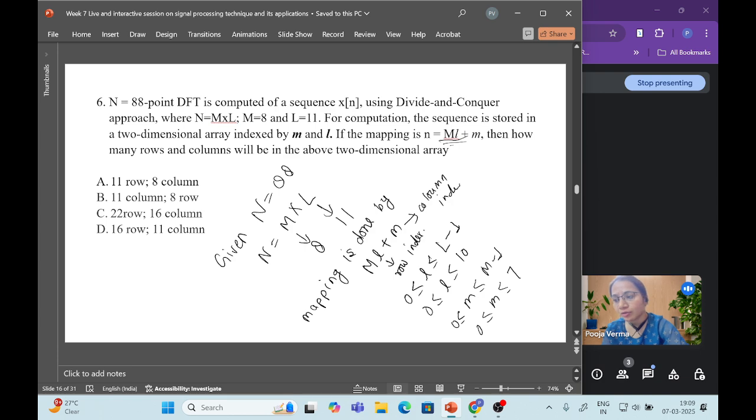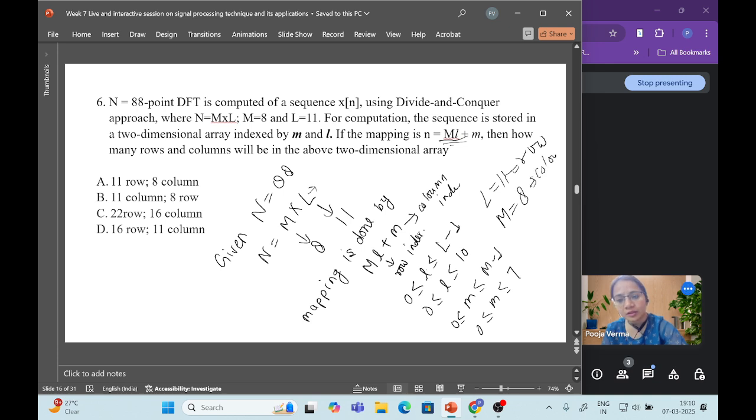So how many rows and columns will be there? Small l represents the row index, so L is 11, that means rows are 11, and capital M is equal to 8, that is columns.